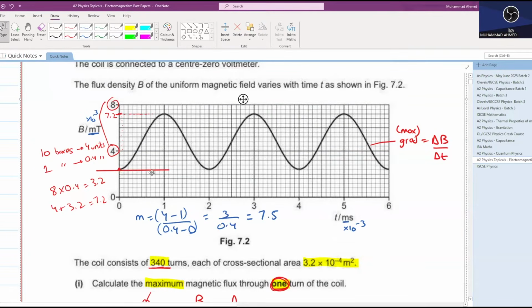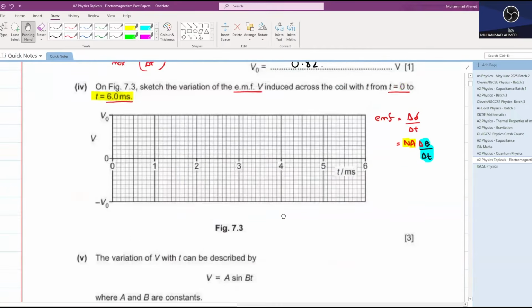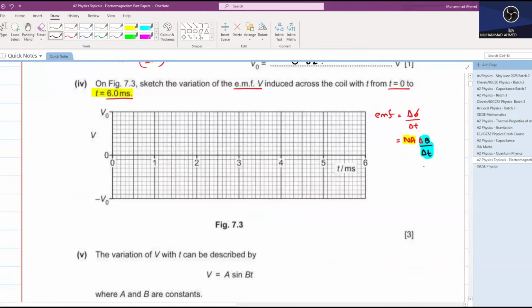If I draw a tangent here, this is a horizontal line. Hence, change in B over change in t will become what? 0. Horizontal lines have a gradient of what? 0. Hence, at time t equals 0, your induced EMF will become 0. Why? Because this change in B over change in time has become 0. So let's place a point 0 here.